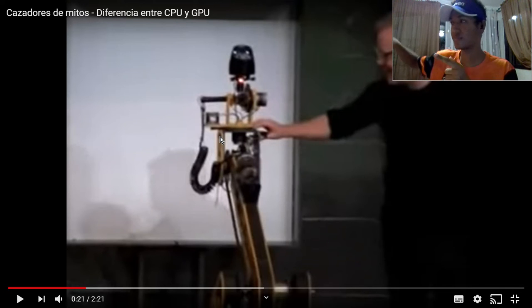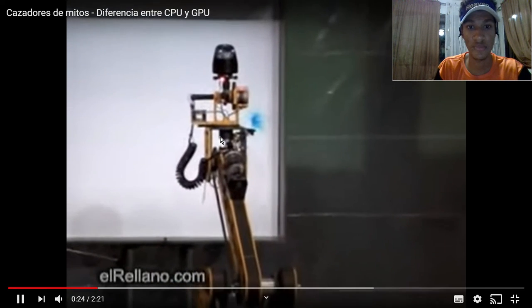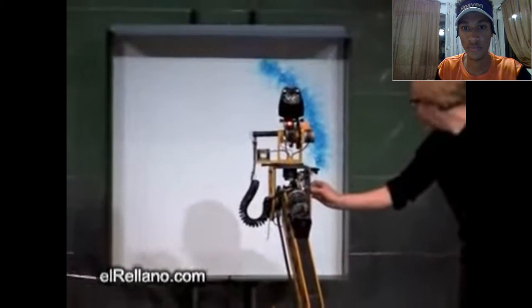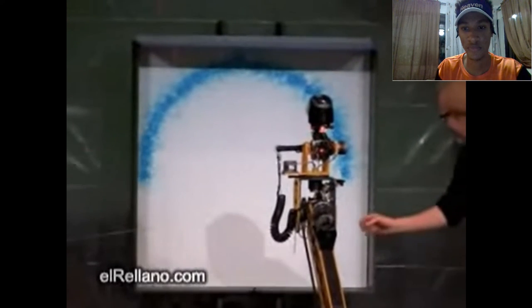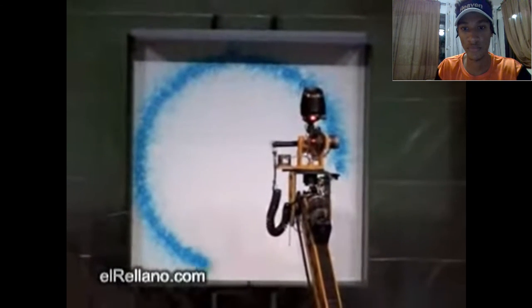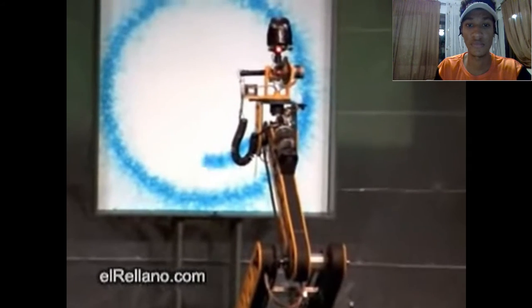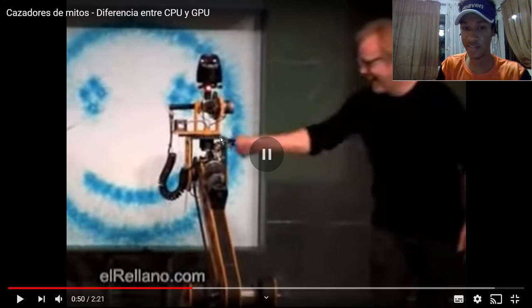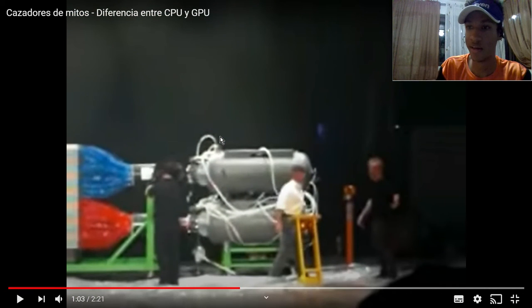So it's in series. That is the CPU, and that is the GPU.